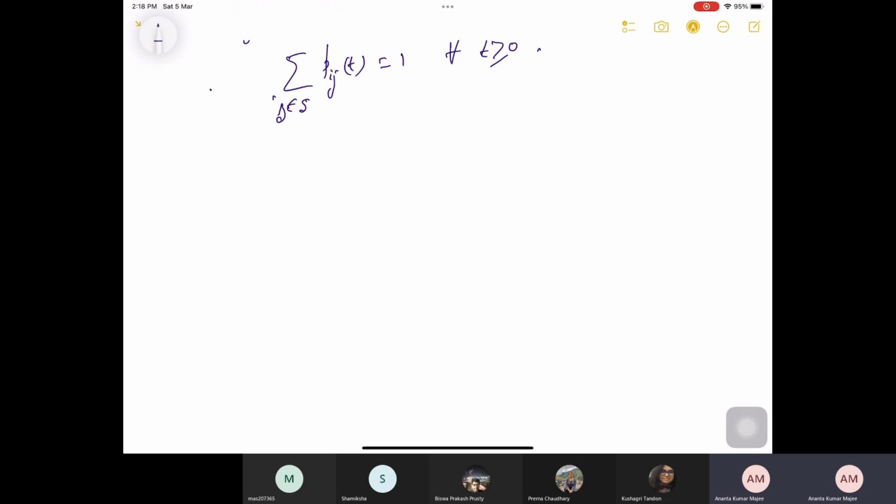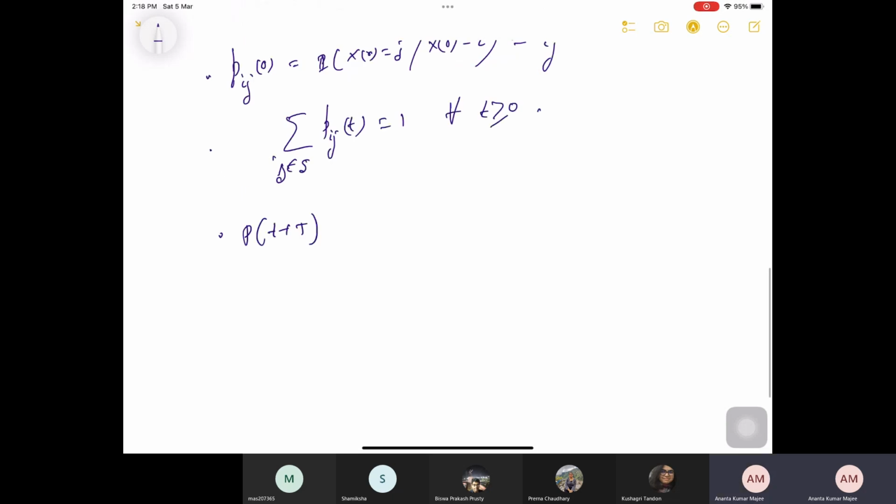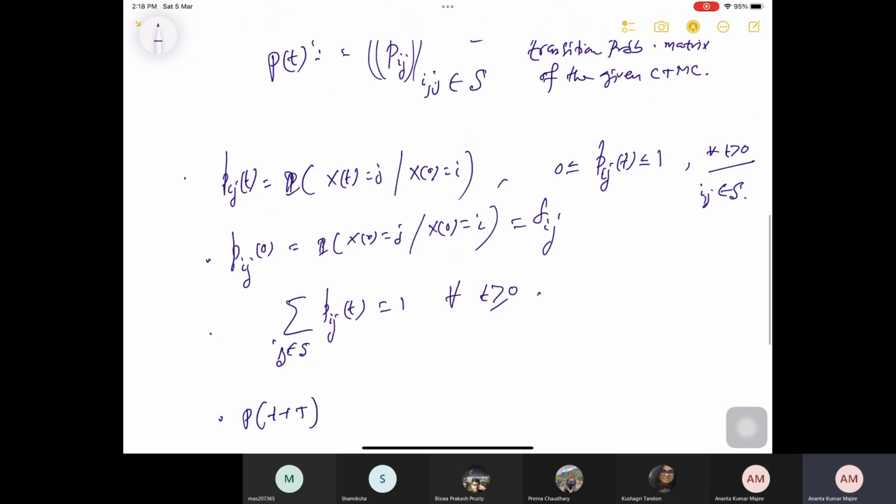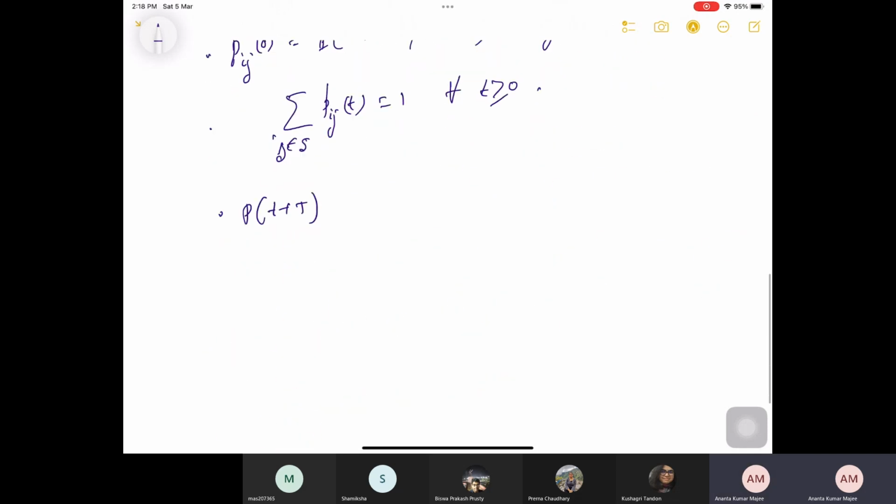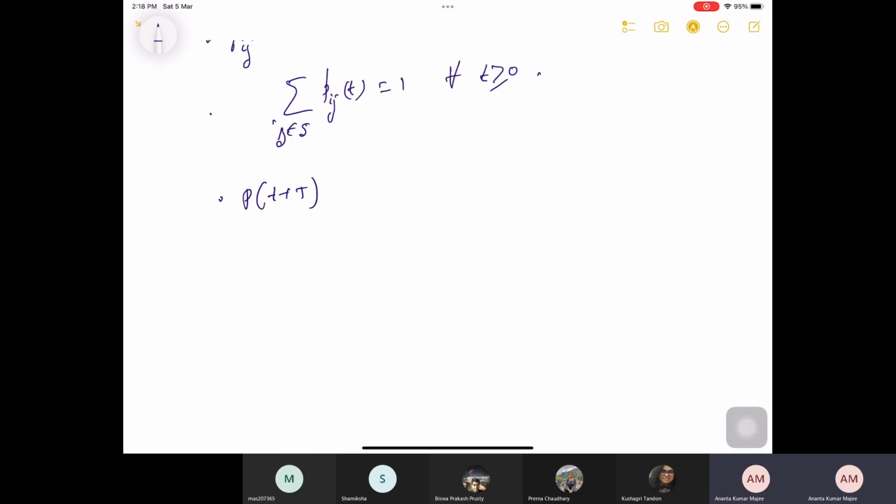So here actually what I try to write down is P(t+T). This is a matrix, because I wrote down this P(t). So P(t+T) will be P(T) and then P(t). This is a matrix multiplication.